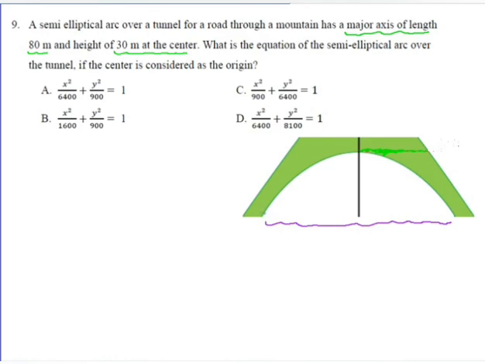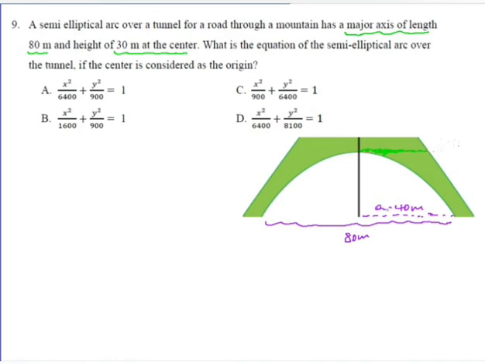Okay, so the major axis of this tunnel is 80 meter. The whole thing is 80 meter. That means the semi-major axis will be 40 meter. So this A will be 40 meter.